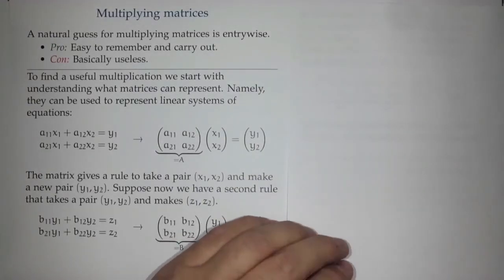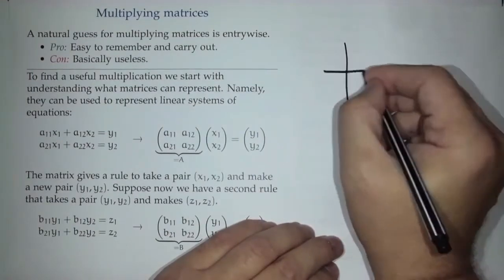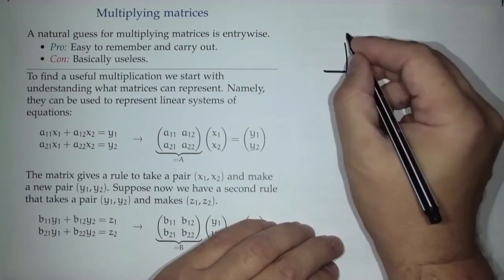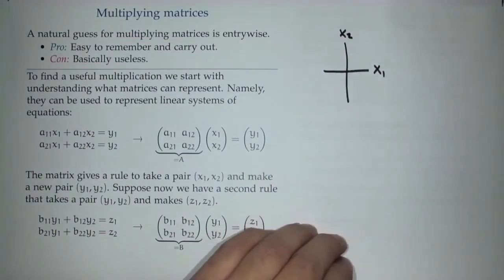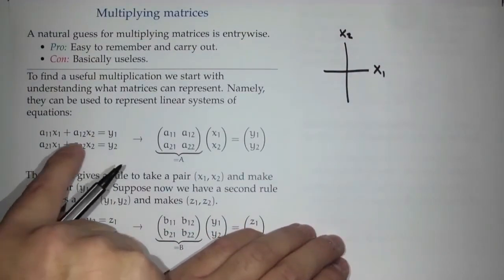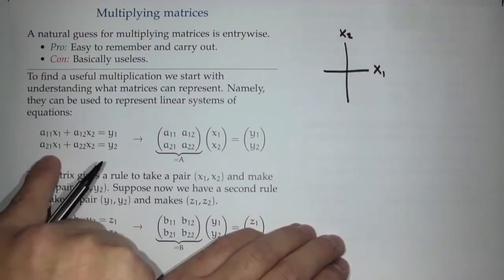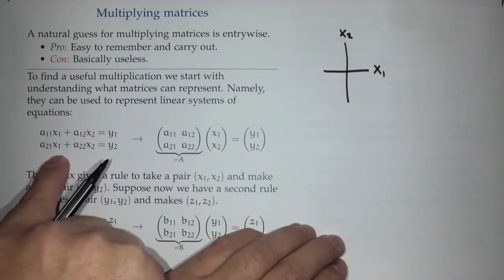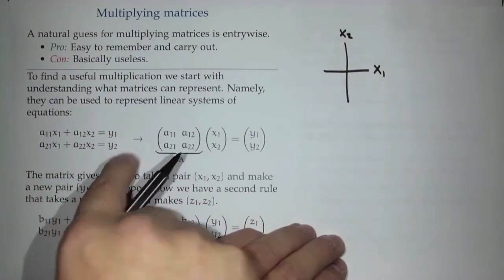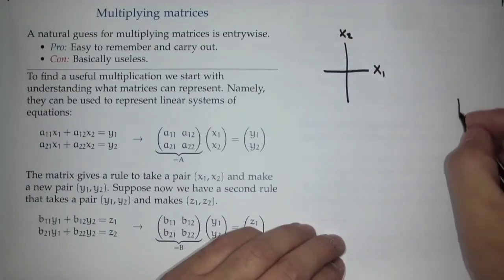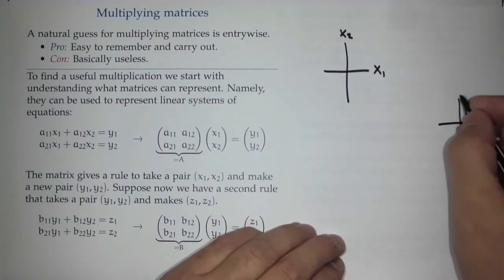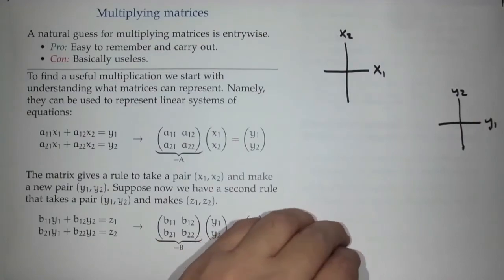So what do we mean by that? Well, our setting is we start in a place where our coordinates are x1 and x2. And now we have this rule that says if I have x1, x2, I can produce a new y1, y2. So that there's this way to go from one space to another space.